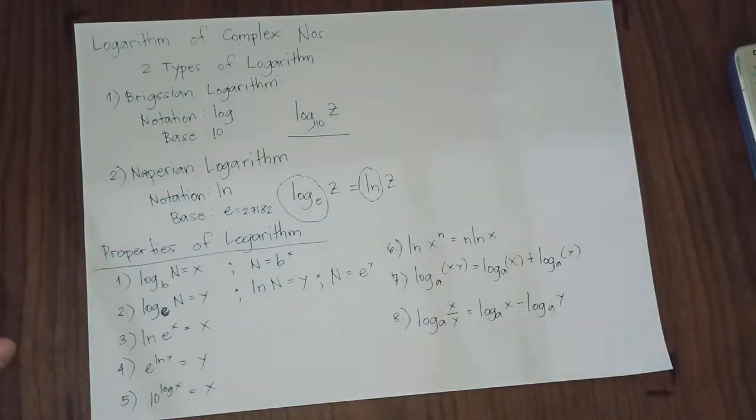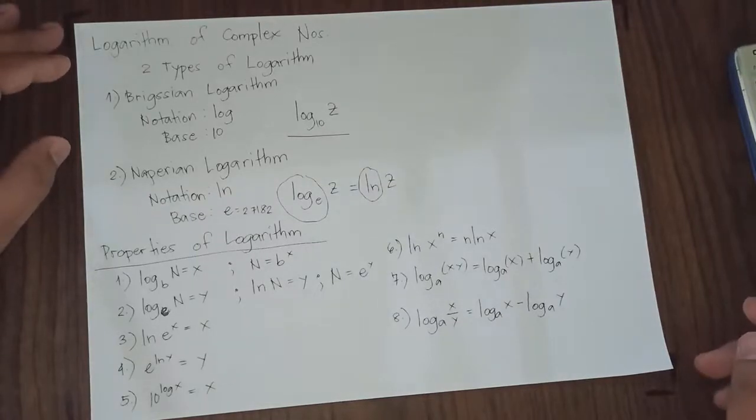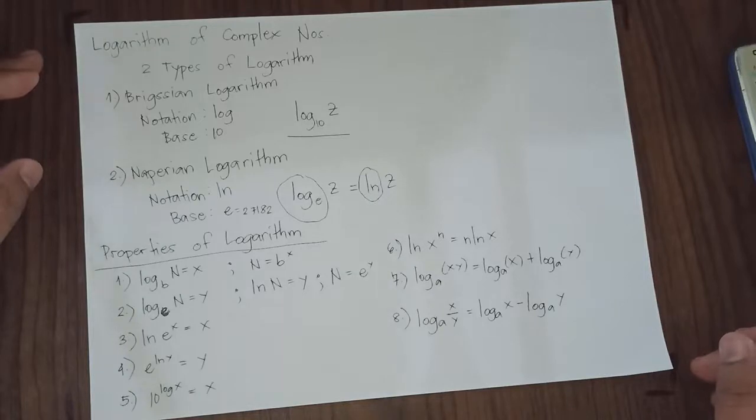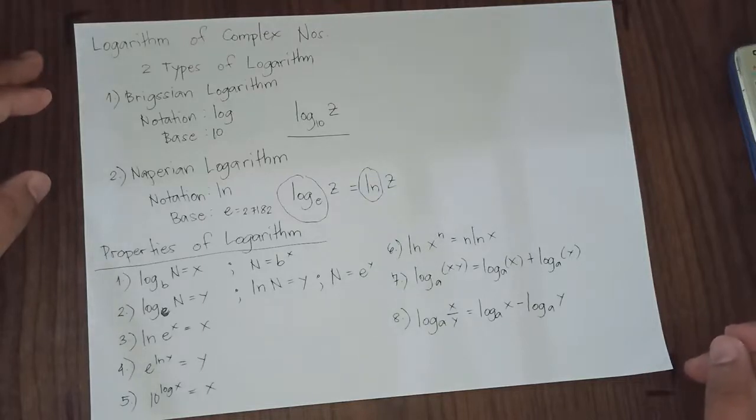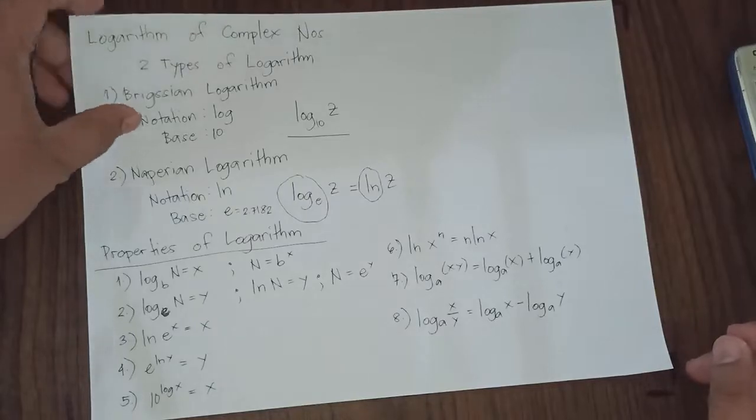Yan. So, magagamit natin actually yan doon sa ating mga susunod na pag-aaralan, no? When it comes to the application of logarithm of complex numbers. So, itabi na lang muna natin ito at gawin nating reference mamaya. So, let's have an example of that.